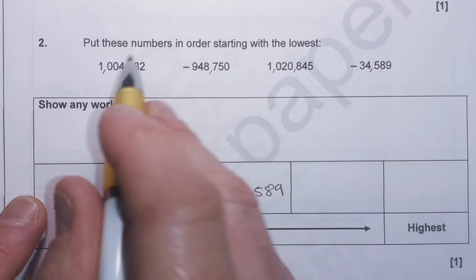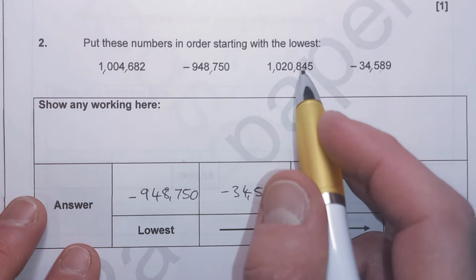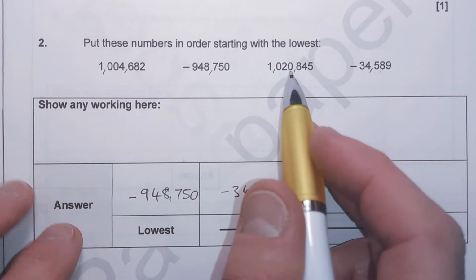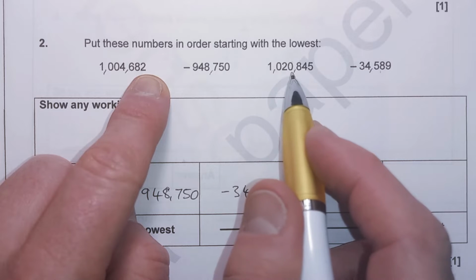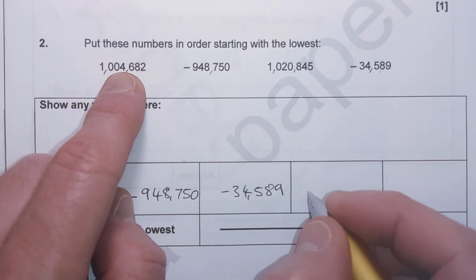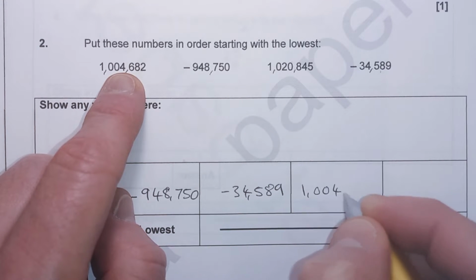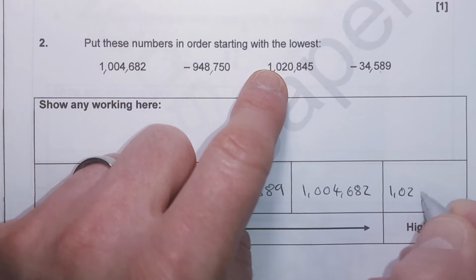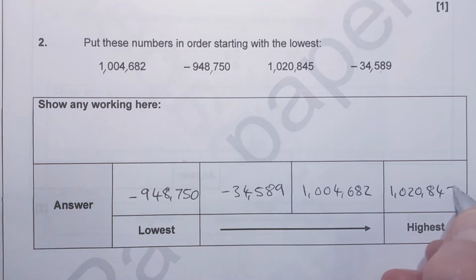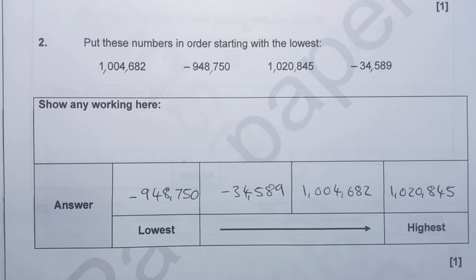Now these two numbers are both positive. So which is the smallest of these two? This is 1,004,000. This is 1,020,000. So we're going to have this number next. And finally 1,020,845.